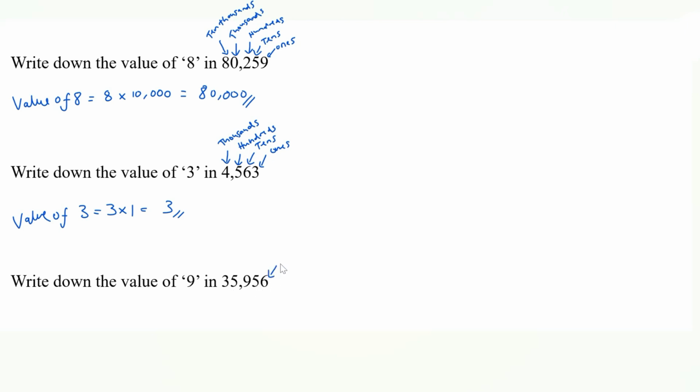So again, if we go ahead and label each digit, value of 9 will be 9 multiplied by 100, which gives us a value of 900.